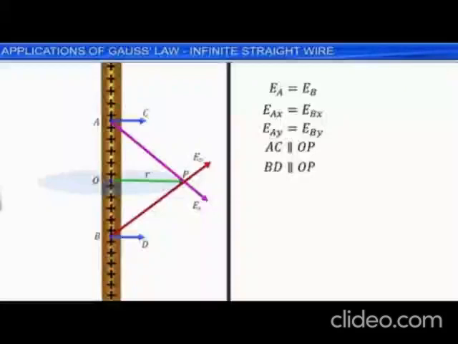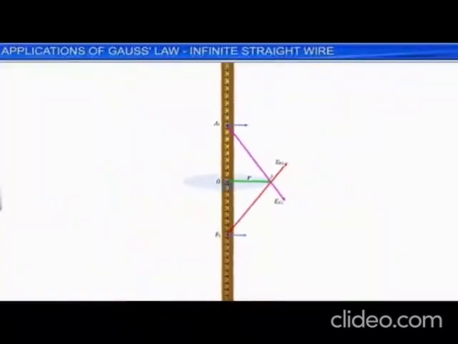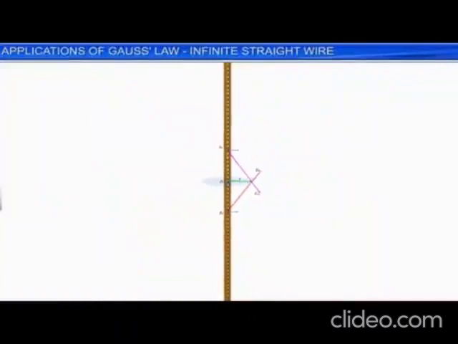This is true for any such pair of elements considered on either side of the element at O. Thus, the field at any point under consideration, like P, is radially outwards. As the length of the wire is infinite, the electric field strength does not depend on the position of the point under consideration, P, along the length of the wire.